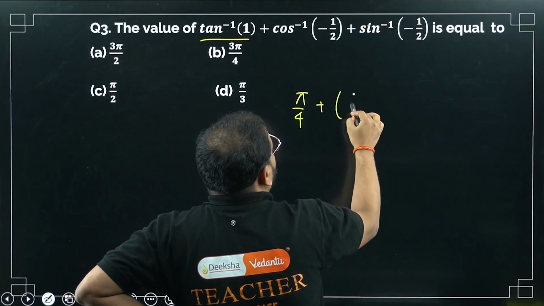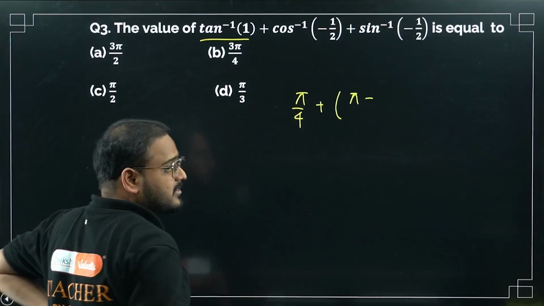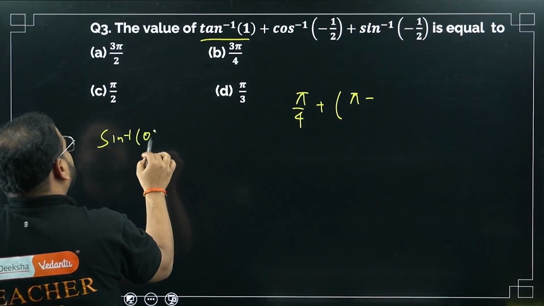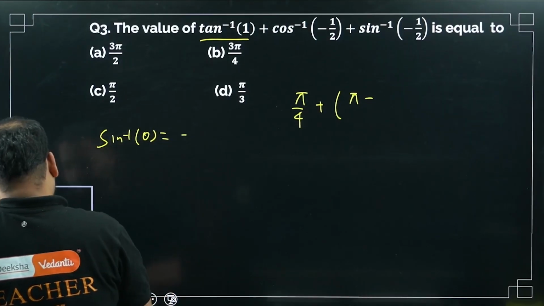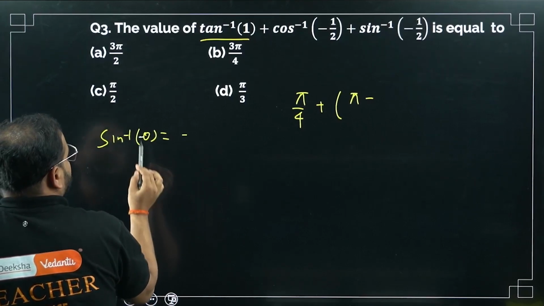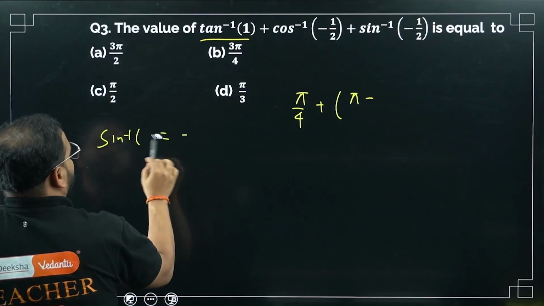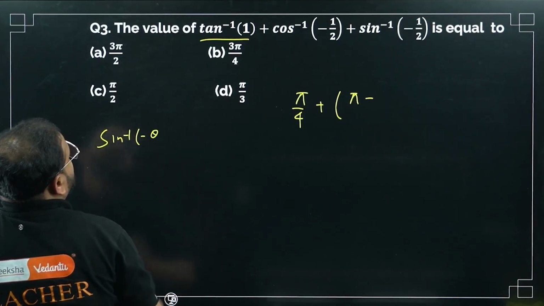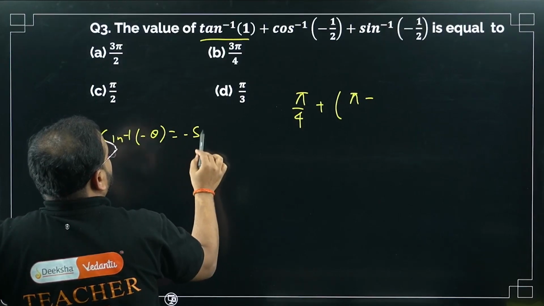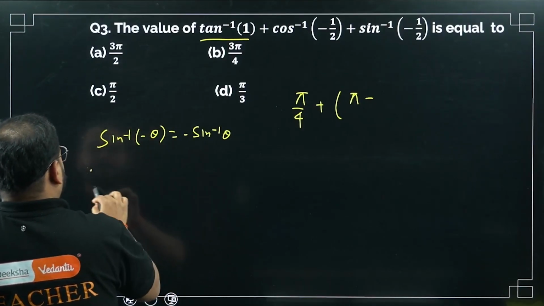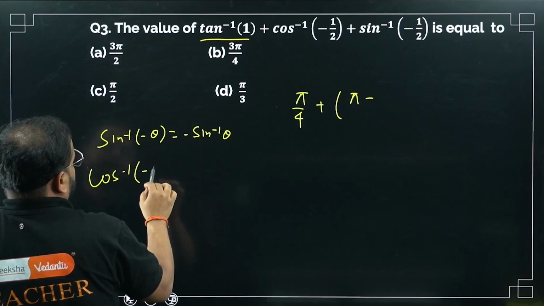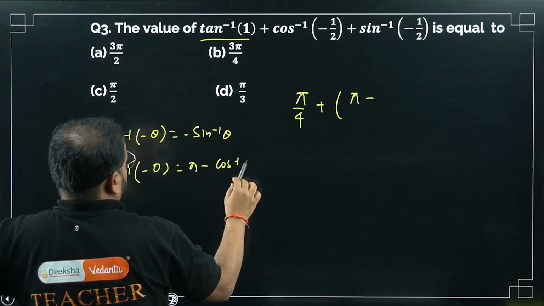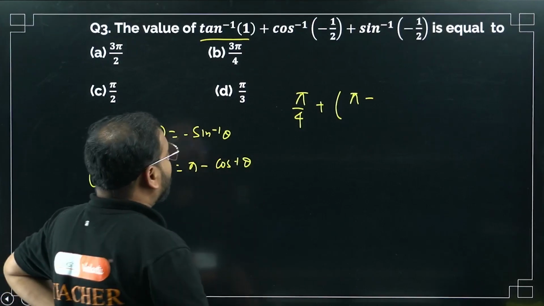Another important concept: sin inverse of minus theta is equal to minus sin inverse of theta, and cos inverse of minus theta is pi minus cos inverse of theta.